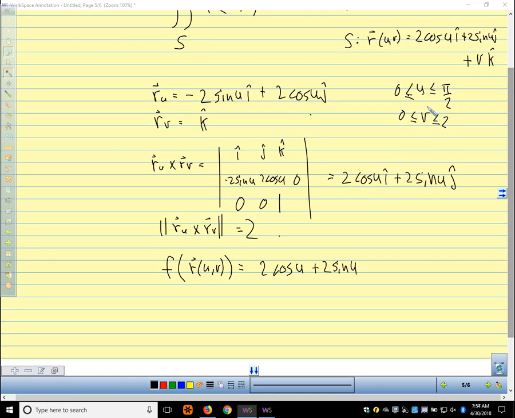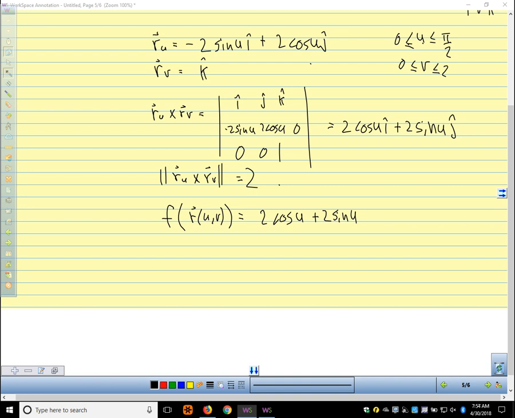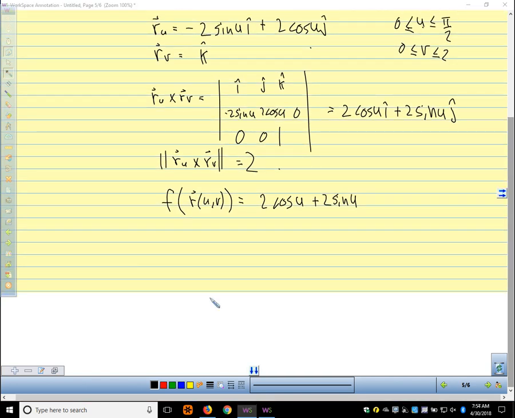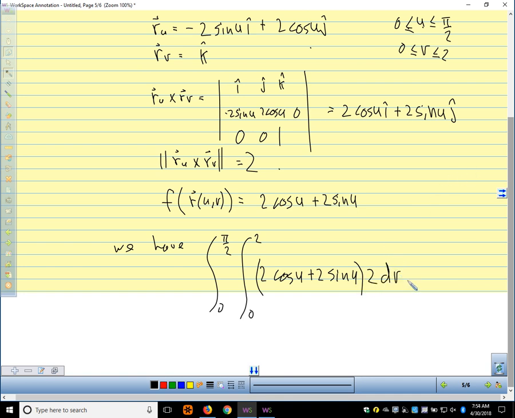And this gives us our region in the uv plane. So this is really polar coordinates, right? Or cylindrical coordinates. So we have the integral from 0 to pi over 2, integral from 0 to 2 of 2 cosine u plus 2 sine u times this magnitude, 2, and the order that I set it up here was dv du.